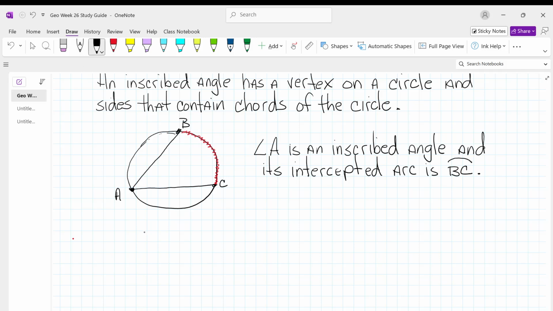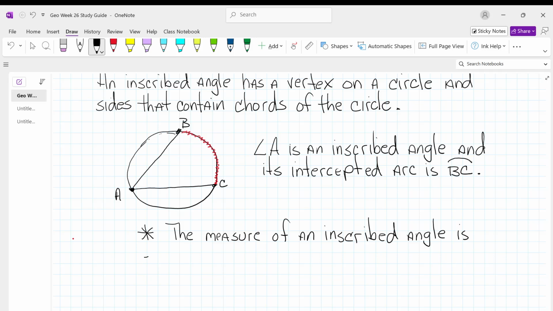We're going to say here that the measure of an inscribed angle is equal to 1/2 of its intercepted arc.